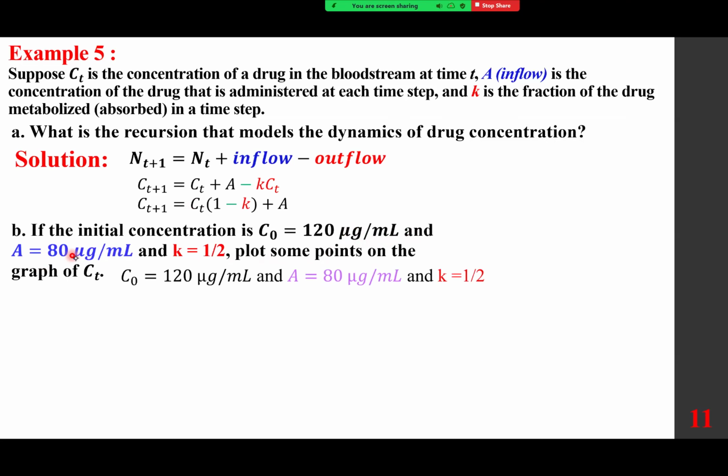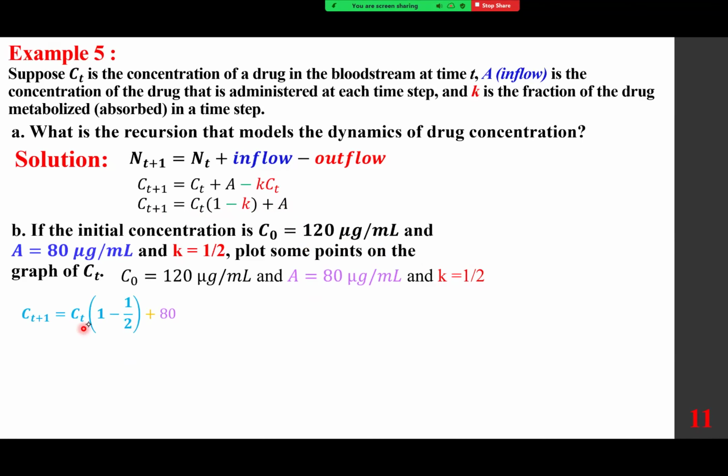And into this formula, C sub t plus 1 is C sub t times 1 minus K. K is 1/2, and A is 80. It so happened that because it's 1/2, 1 minus 1/2 also gives you 1/2, so we don't want to get mixed up.